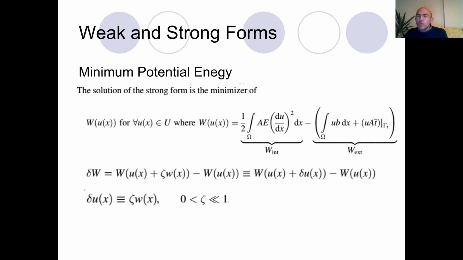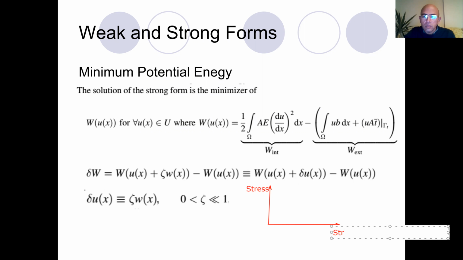So remember that if you have a linear elastic material, let's say that these are my axes, and the vertical axis is stress, and the horizontal axis is strain. Now for a linear elastic material, your stress strain curve is linear, and the slope of this line gives you the Young modulus.